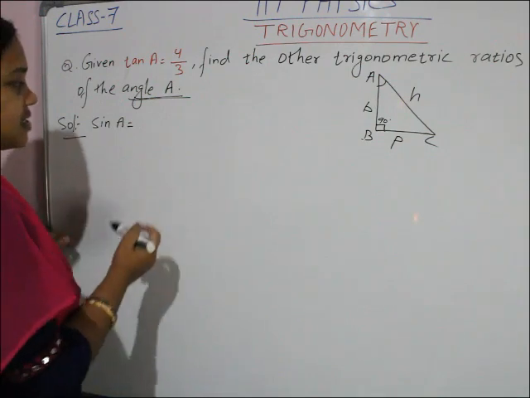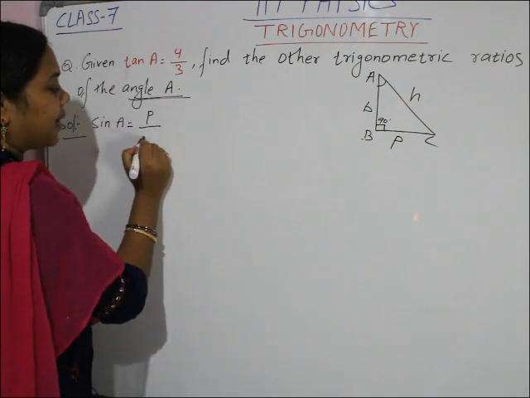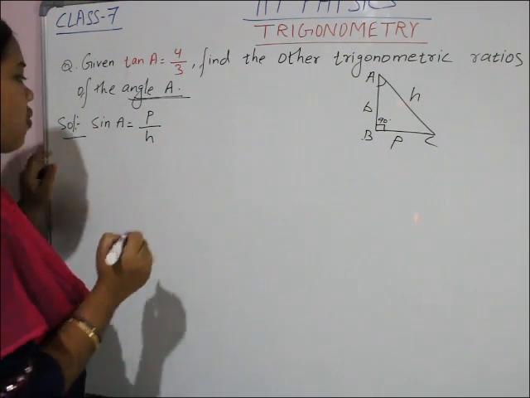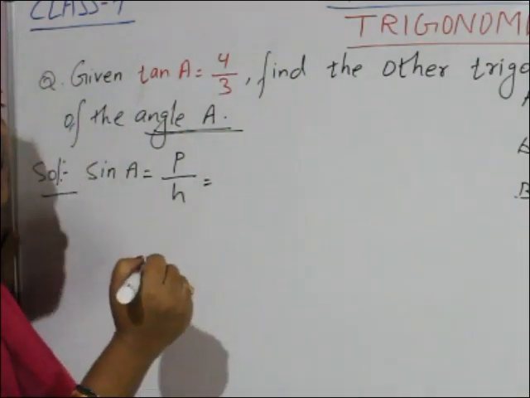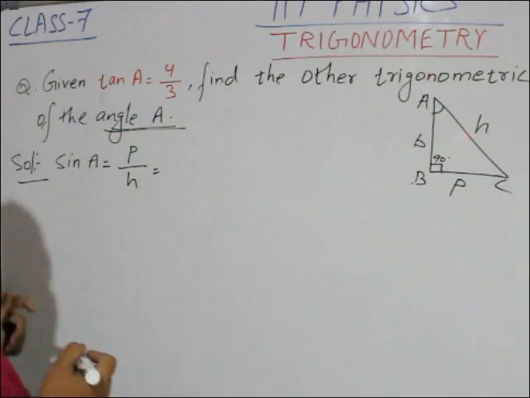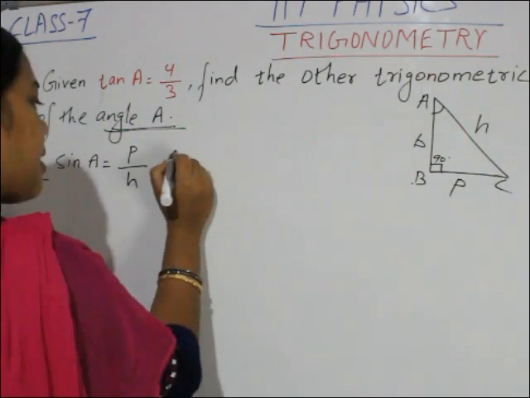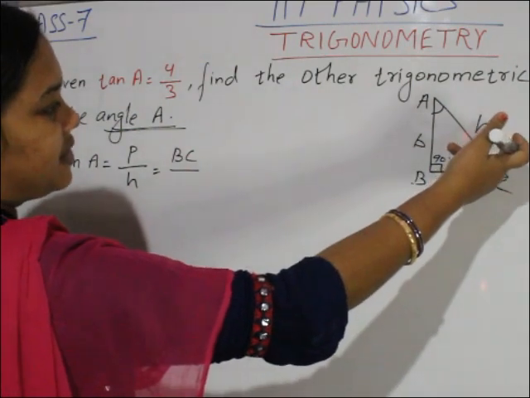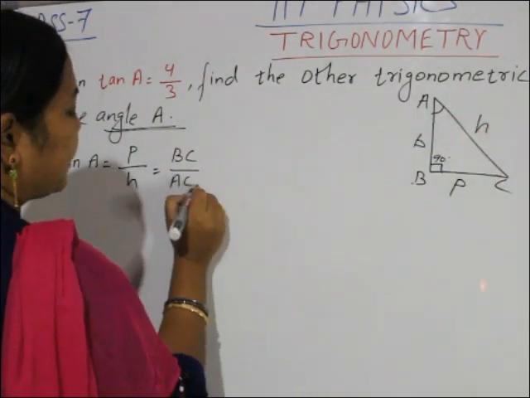So sin A means perpendicular by hypotenuse. What is perpendicular? BC. So BC by hypotenuse, hypotenuse is AC.